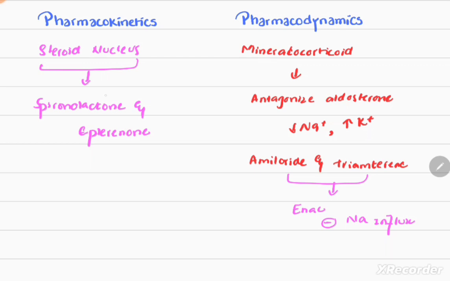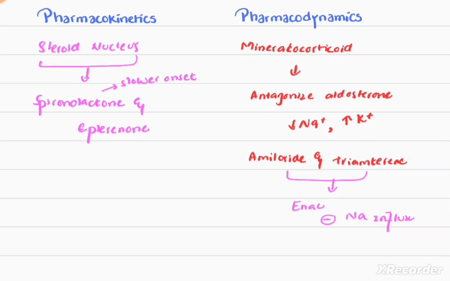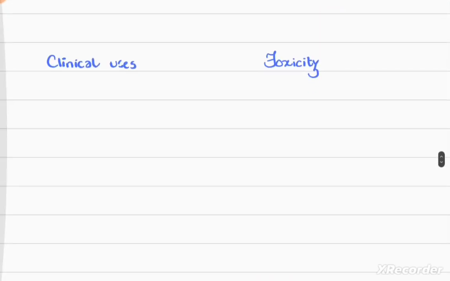Spironolactone has a slower onset of action and a more pronounced side effect profile as compared to eplerenone. Whereas eplerenone is more selective for the mineralocorticoid receptor and has low efficacy for all the other hormonal effects that are produced by spironolactone. So it is preferred over spironolactone.